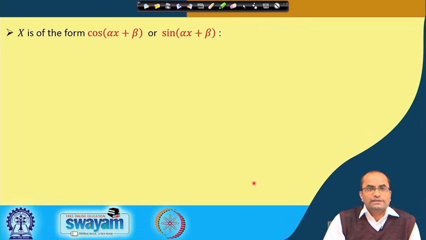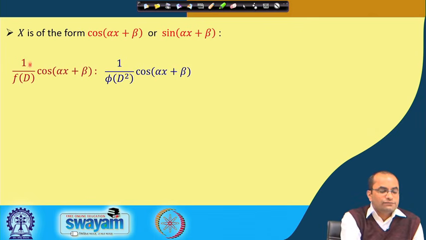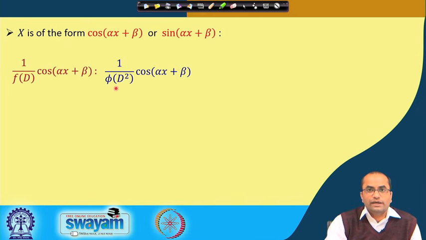To summarize, if the right hand side is of the form cos alpha x plus beta or sin alpha x plus beta, in both cases we have to write f of d in the form of phi of d square, because d square will be replaced by minus alpha square.